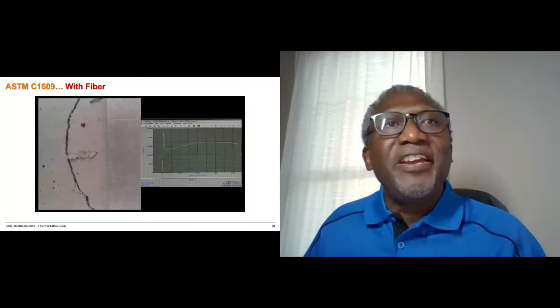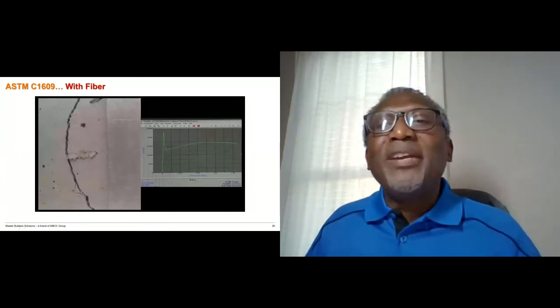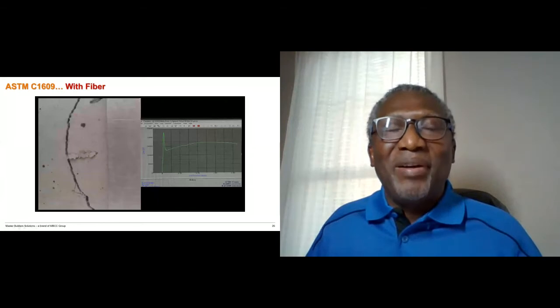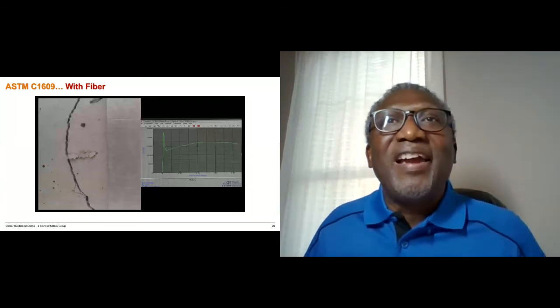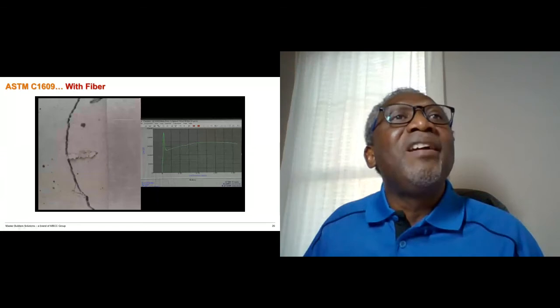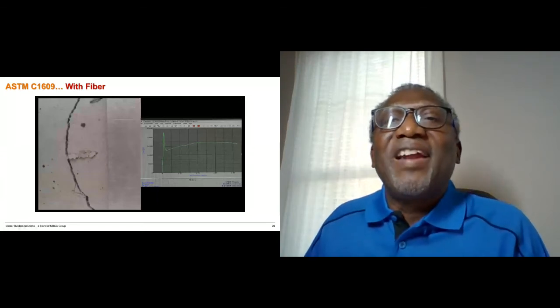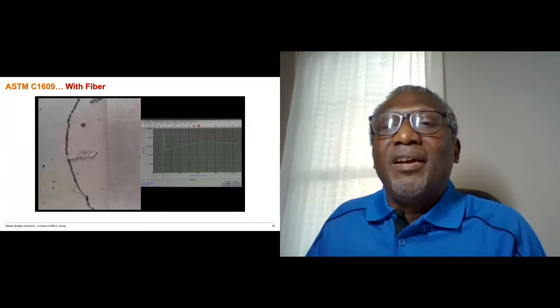Now, this next video is basically for the plain concrete. You normally will not do C1609 on plain concrete, and you'll see why in a minute. But right here, again, we're looking at the underside of the beam. Here is a low deflection plot, and look at the deflections that we're talking about.